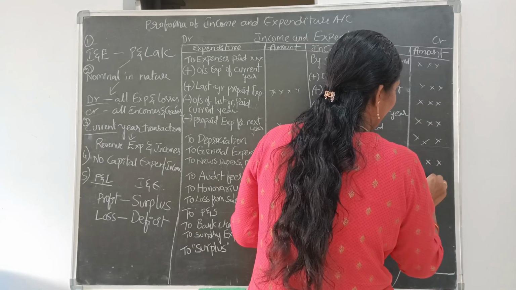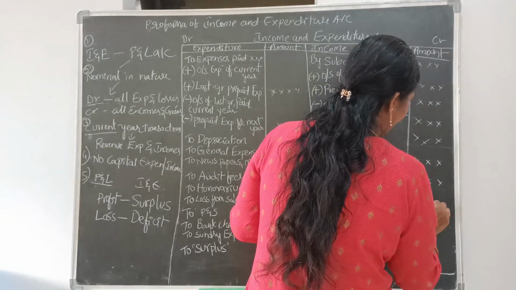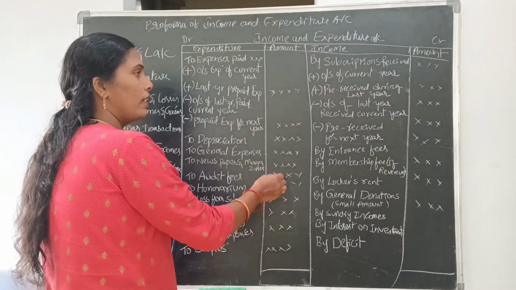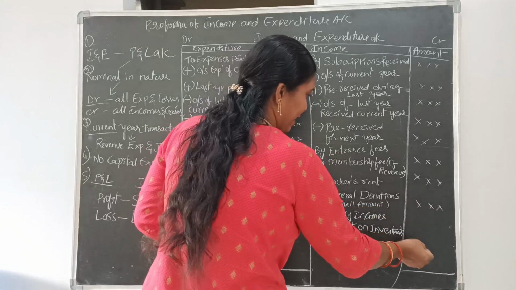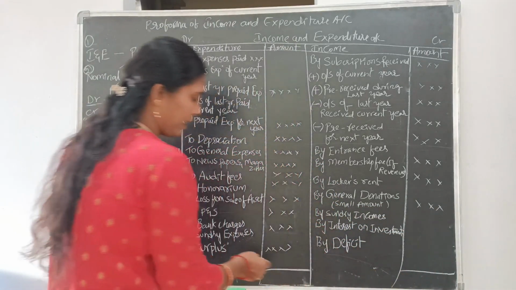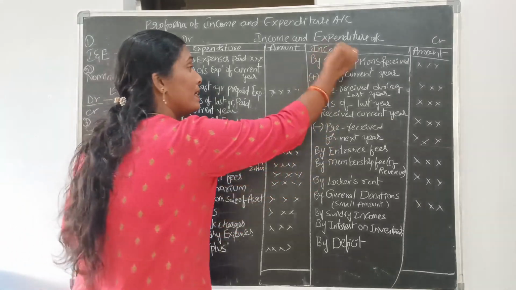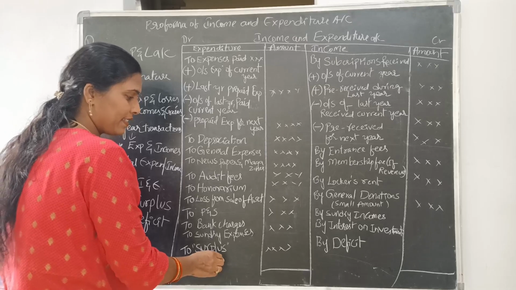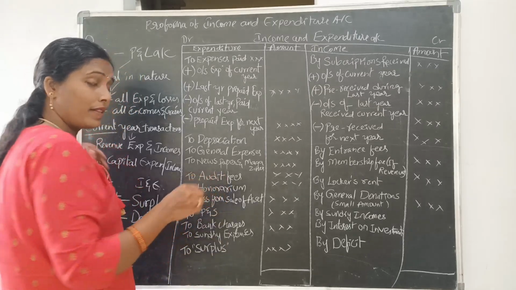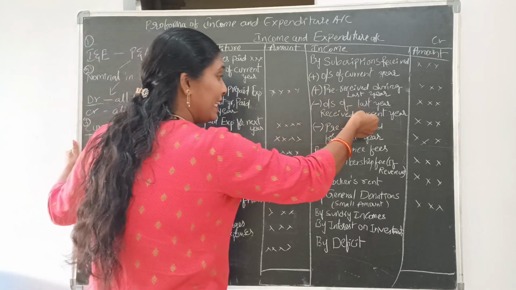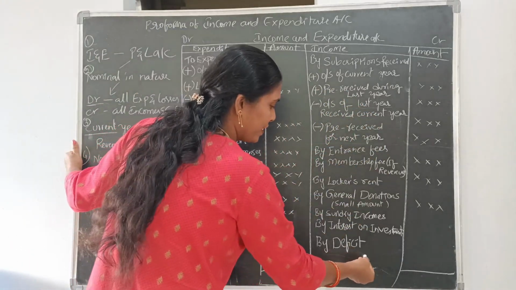I forgot to write this. Simply make the totals on the debit side and credit side, and whichever is the highest amount, write it on both sides. Then, if income is more than the expenditure, it is a surplus. Sometimes expenditure is more than the income, then it is called a deficit.